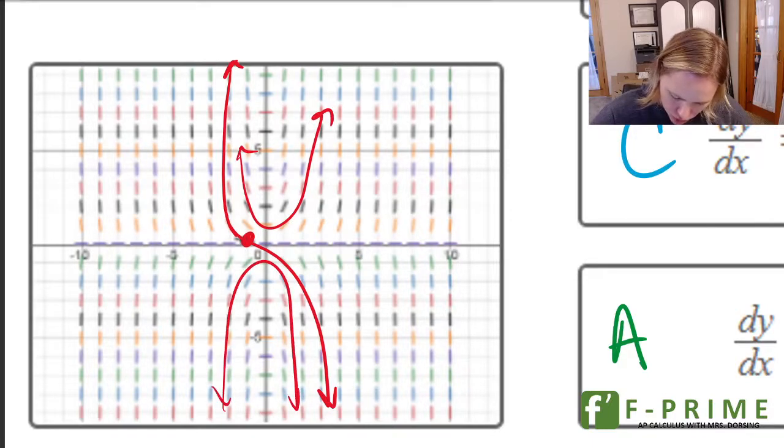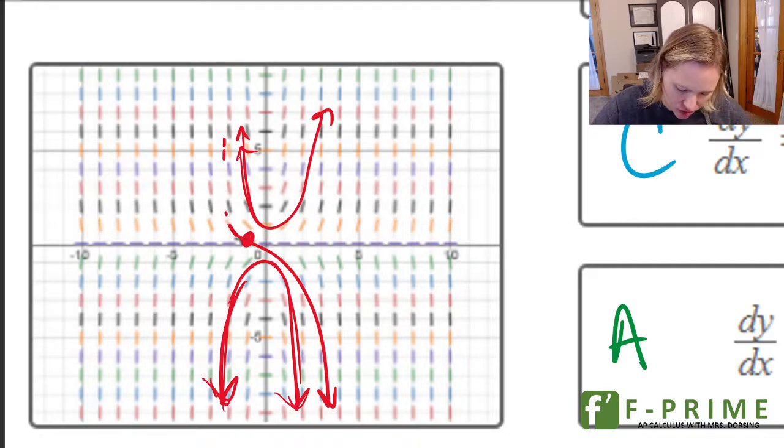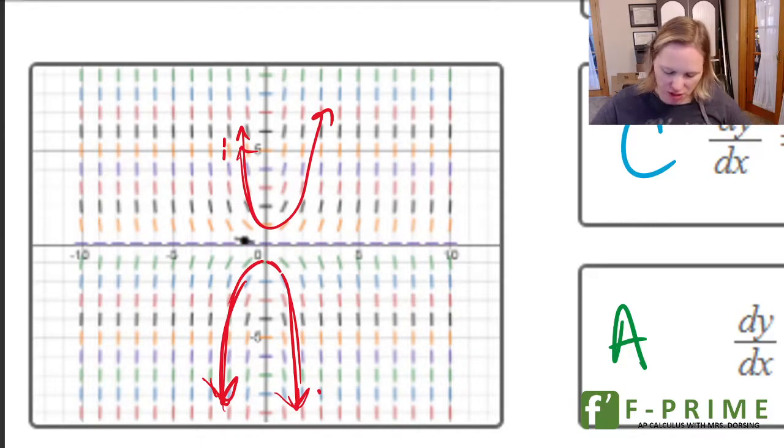This might be an asymptote. So it could go either way. But essentially, for the ones that the AP exam will ask you to draw pictures through, the more I look at this, the more I'm convinced that this is what it looks like. If you're asked to draw a particular solution through a point, you just plot that point and sketch the best curve you can, following the flow of your slope field.